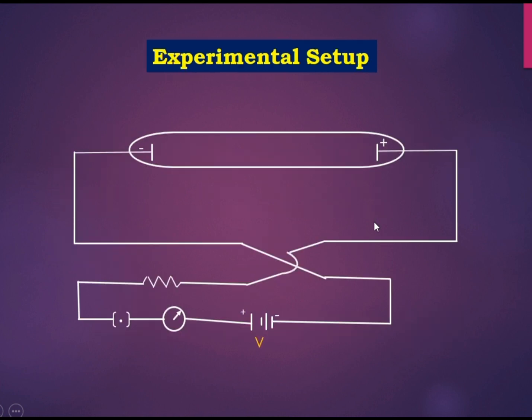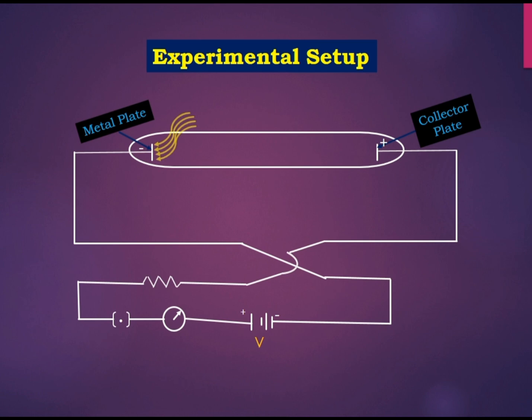Now let us discuss the experimental setup of the photoelectric effect. So this is the metal plate, this is the collector plate. When the photons are incident on this metal plate, what happens? Electrons are ejected out from this metal plate.